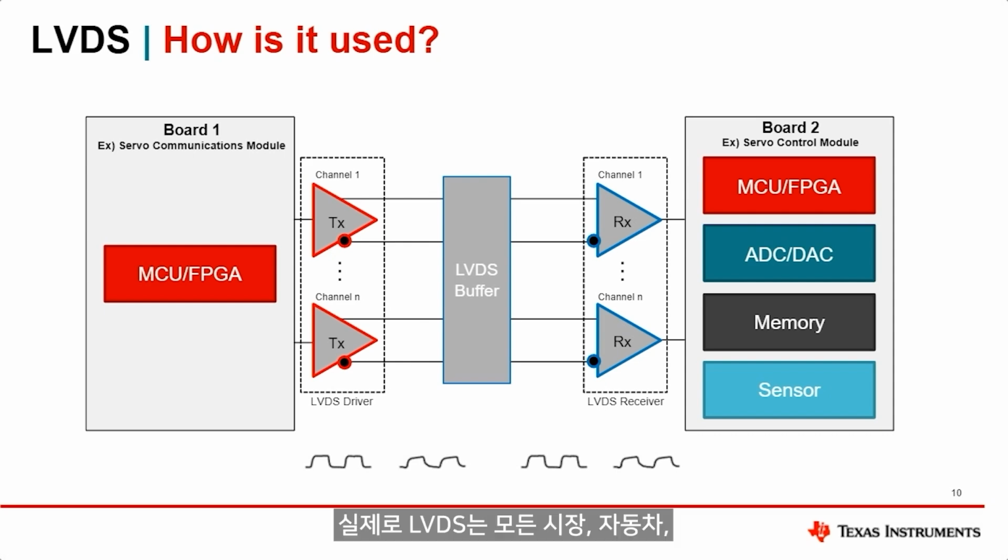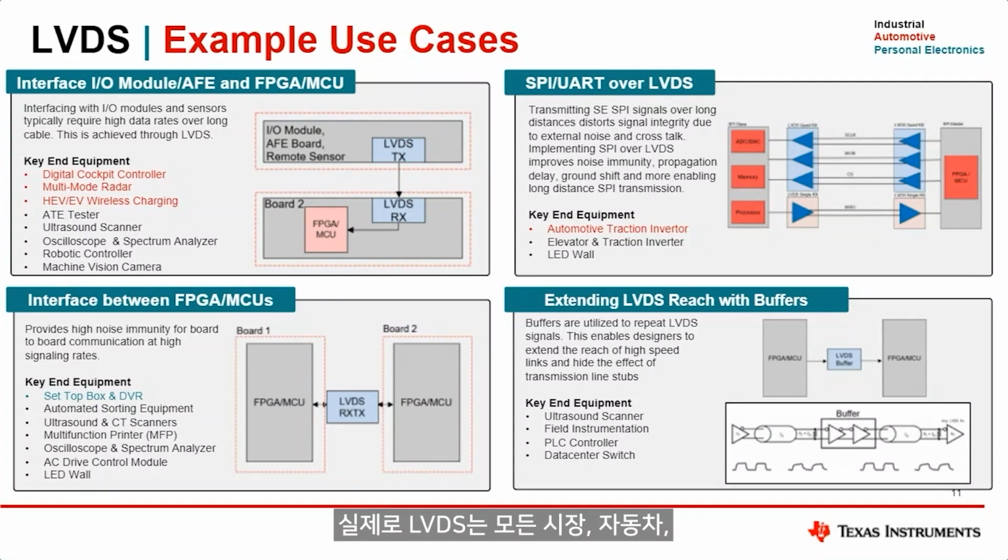In practice, LVDS is used across all markets, automotive, personal electronics. The left two examples are implementations where LVDS is used between FPGAs or microcontrollers. The top one is interfacing between an FPGA on a control board to an analog front-end board.